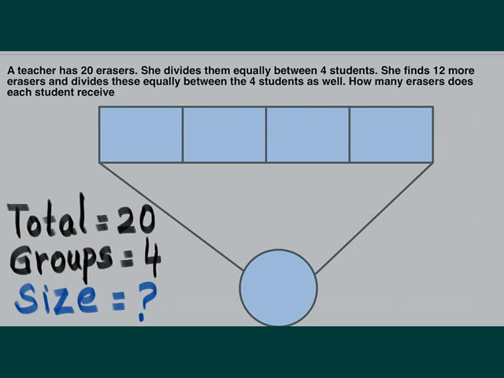Since we have to find the size of each group, or the number of erasers that one student got, we have to go for a division number sentence. The division number sentence will be total divided by number of groups equals what?